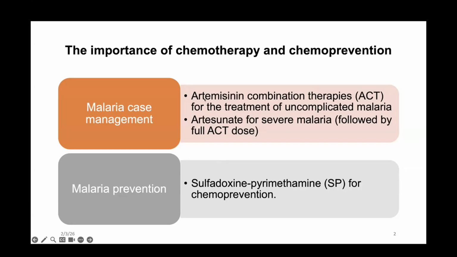But the bottom line is that artemisinins play a very critical role, both in the treatment of uncomplicated malaria in the context of combination therapy, and in the use of artesunate for the management of severe malaria as the initial treatment, also followed by ACTs. So artemisinins are critical in malaria case management.